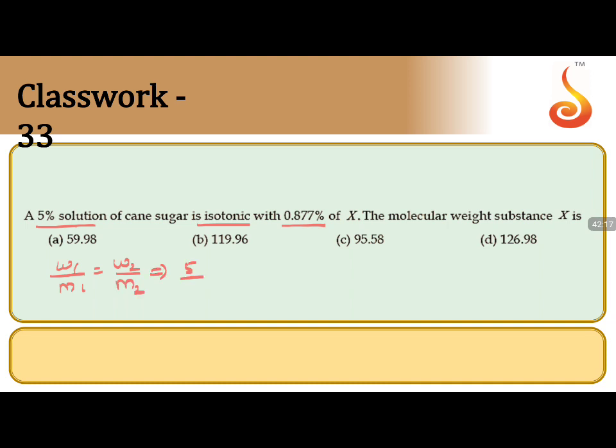So 5 by molecular weight 342 is equal to 0.877 by X. Solving this, you will get an answer approximately close to 59.98, so 60 approximately. So the answer will be option A. Simple logic, isotonic formula, apply this. That's it. So moving to the next one.